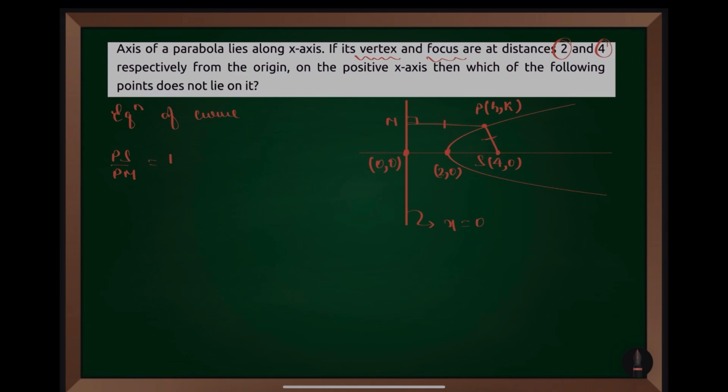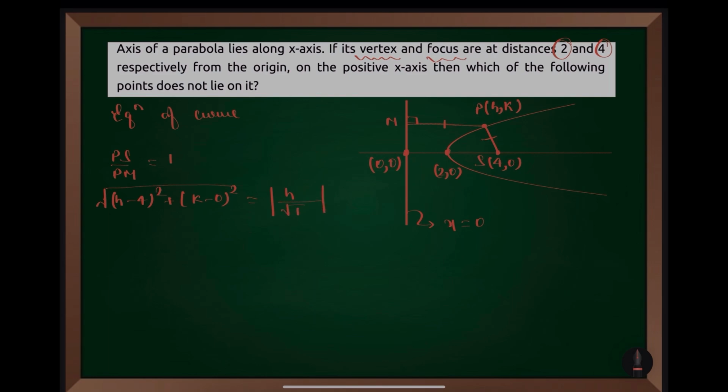Then only it is parabola. Okay, so go with PS. So root over (h - 4)² + (k - 0)². PM: distance of a point from the line. So it is |ax + by + c| upon root over a² + b².